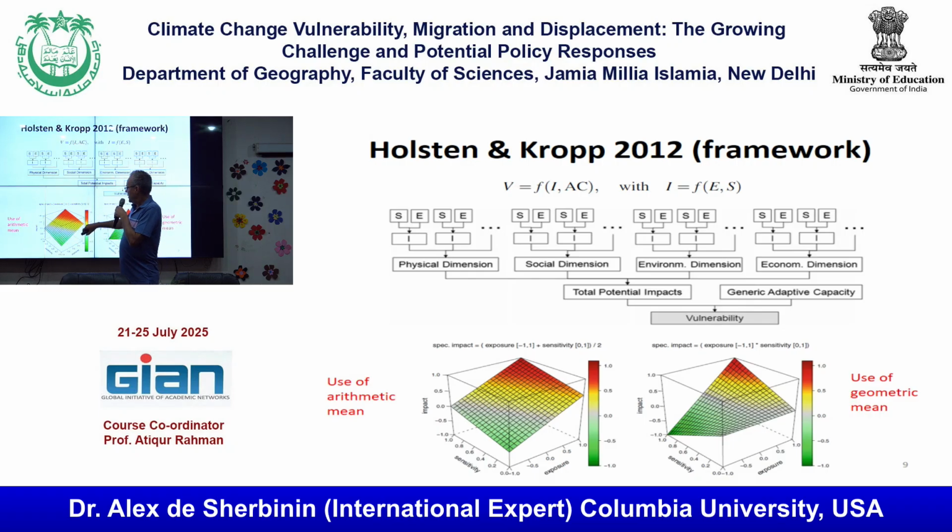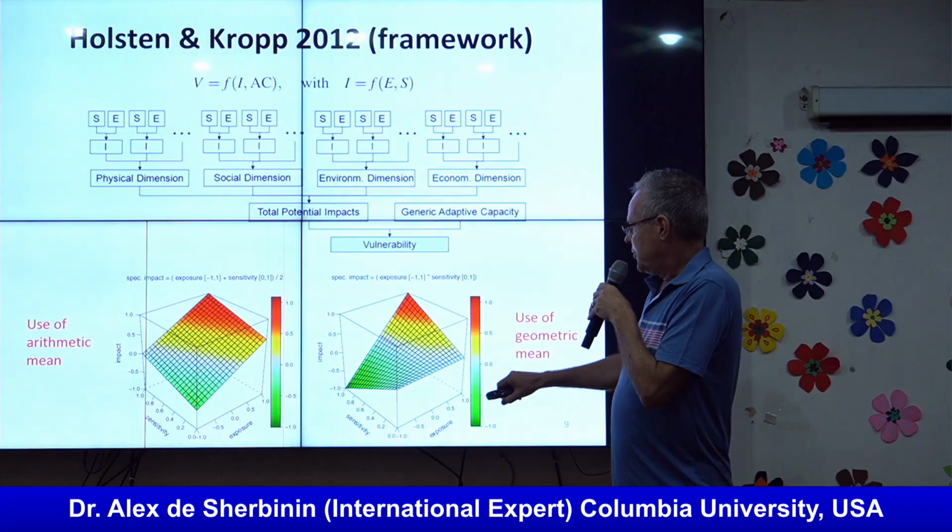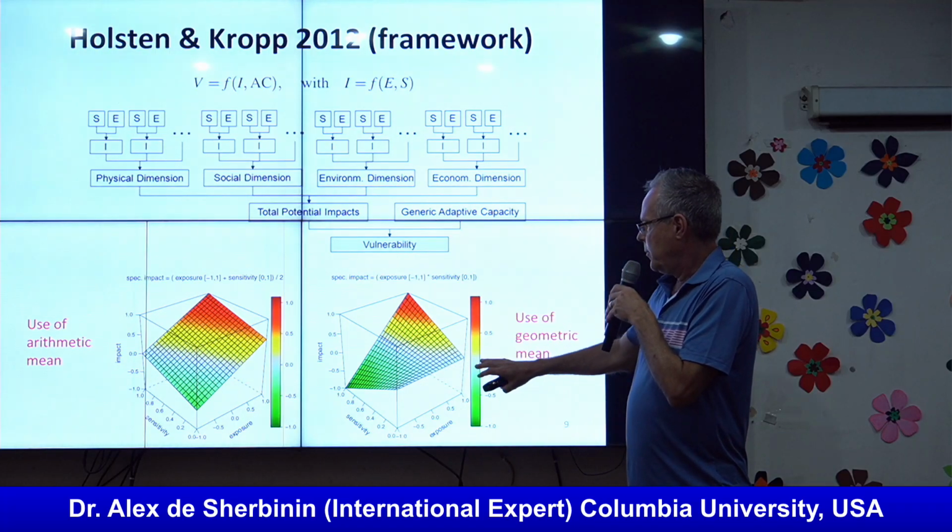You have the total impact, which is high, bad, or low, good. You have low to high sensitivity, and you have low to high exposure. And so your ideal state would be to be somewhere down here in this corner. But if you use a geometric mean, it actually stretches the values in a different way.